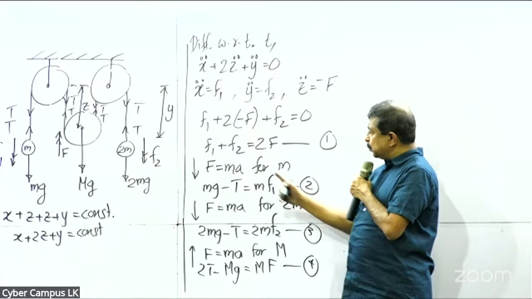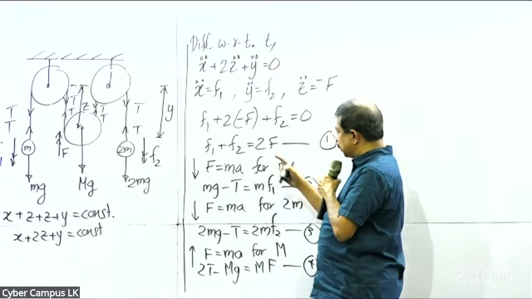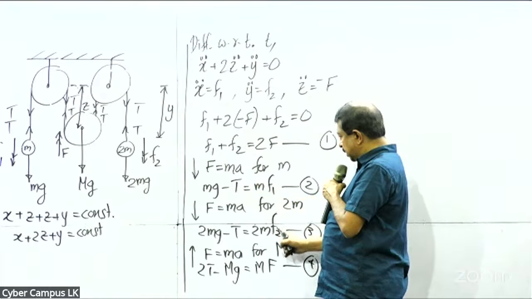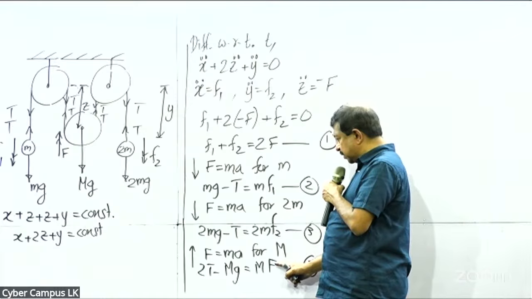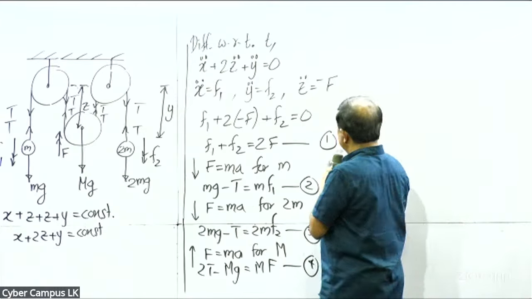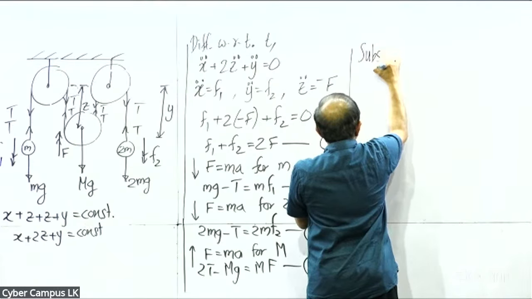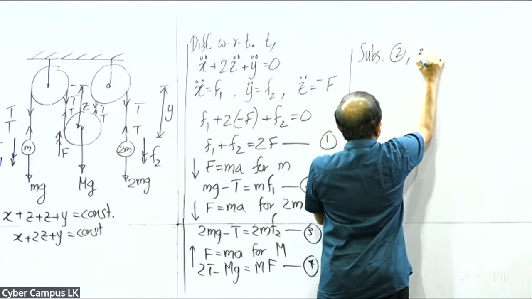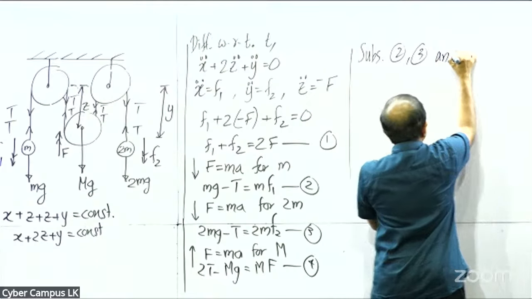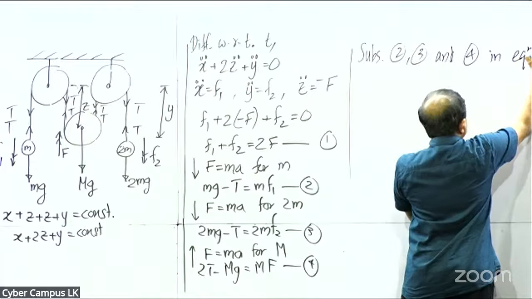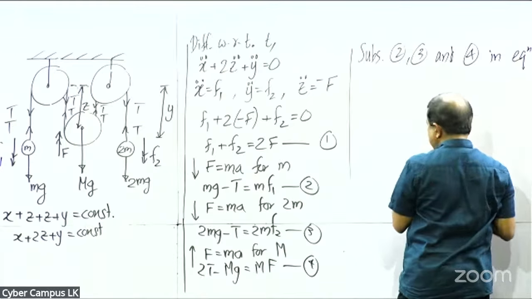Look, now you have f1 plus f2 is equal to 2F. Now replace f1 by T, replace f2 by T, replace capital F by T. So, substituting 2, 3, and 4 in 1. Just to elaborate, I write equation 1.